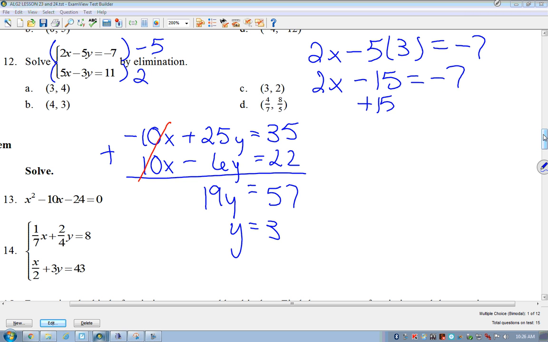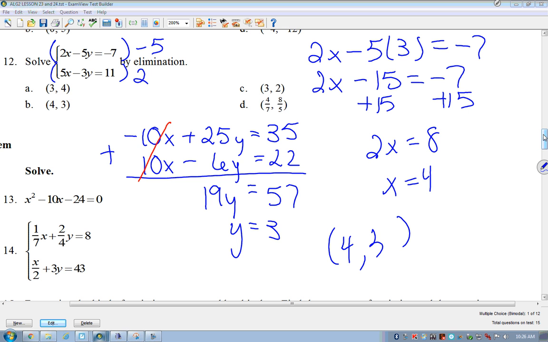Add 15 on both sides. 2x equals 8. X equals 4 as a coordinate pair. What does that look like? 4, 3. Okay, notice that they have 3, 4 as an option because when you eliminate x, you solve for y first. People think first thing goes first. Okay, coordinate pairs are always listed as x then y. Okay, no matter what order we solve things in.